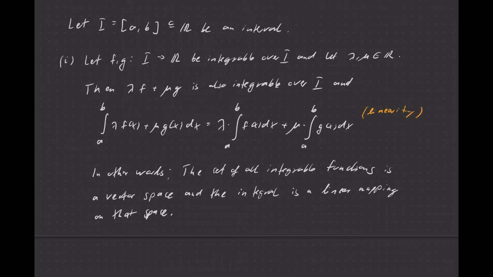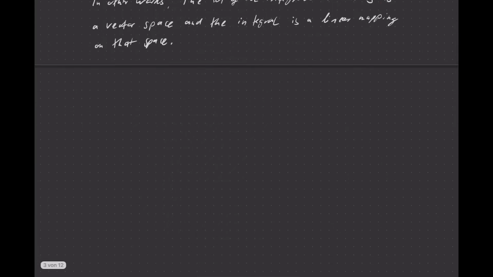Now the second property is also something that we have already seen for step functions. That is the monotonicity of the integral. Again, let's say we have two integrable functions, so let f and g both be functions on I with real values, let both be integrable.